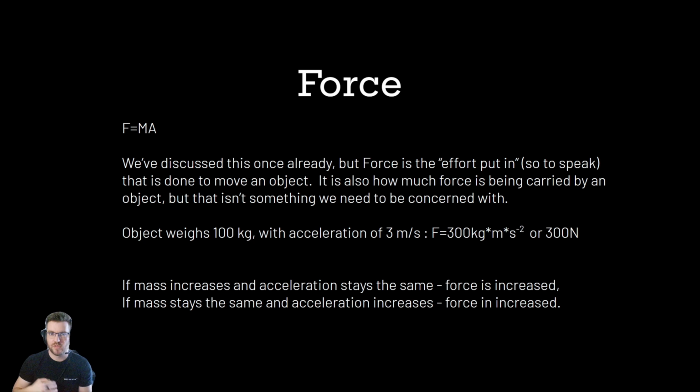Now, if it's 980 going down and you can apply, say, 2,000 newtons of force, then the bar will move up because you are stronger than the forces pulling it down.